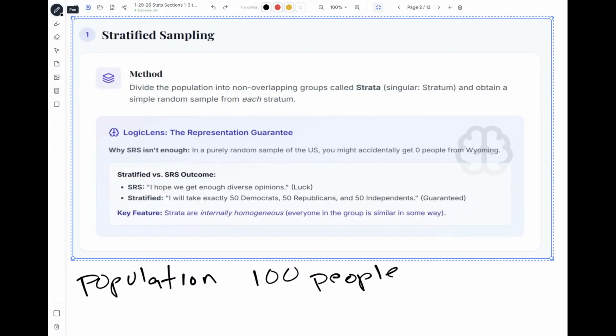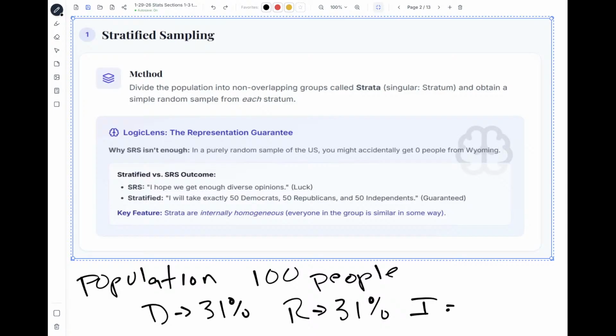I actually happen to know the numbers. The nationwide Democratic Party is about 31%. The nationwide Republican Party is also about 31%. Independents make up 38% of the population.